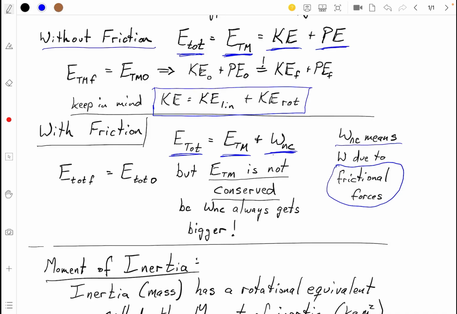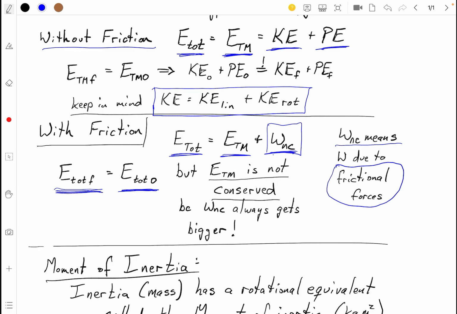If it's conservative, it's a potential energy and gives it back. If it's non-conservative, it's not, and it takes it out. So no matter what happens, your total final energy is going to be equal to your total initial energy, but you have to include all the energy that was lost to your non-conservative forces.